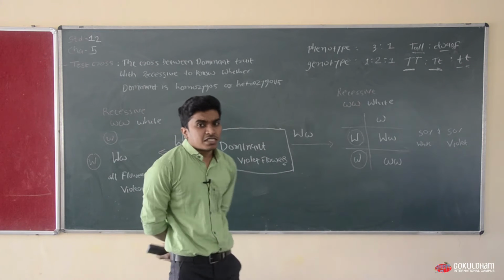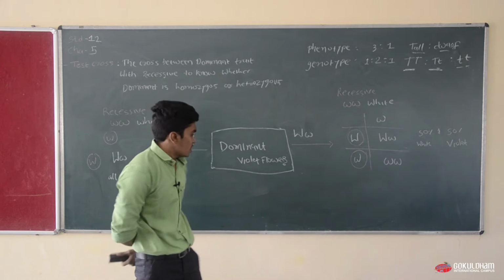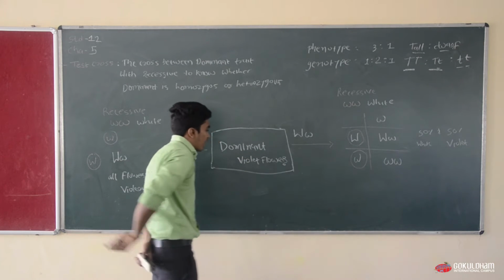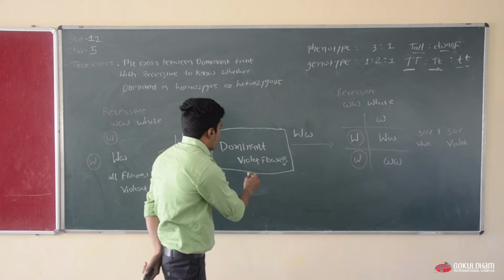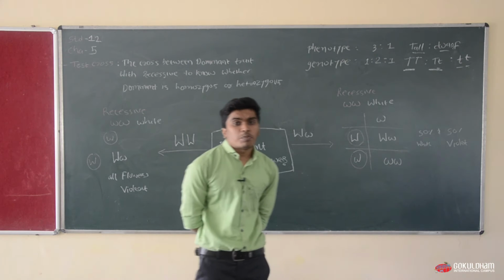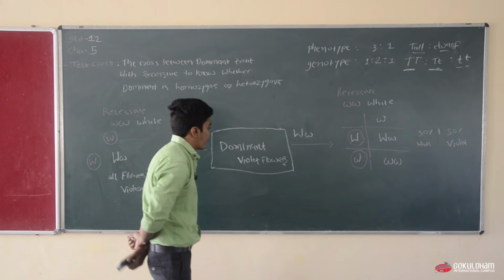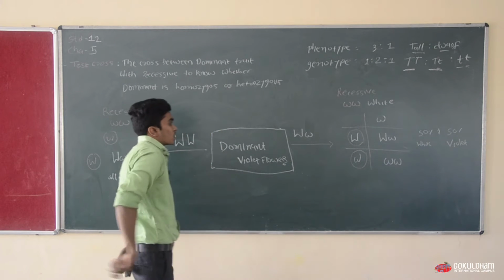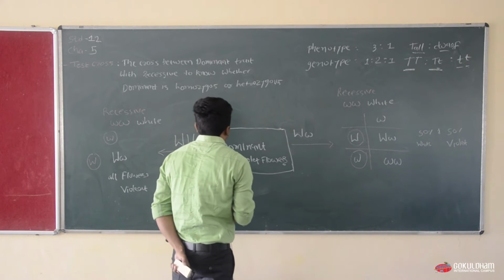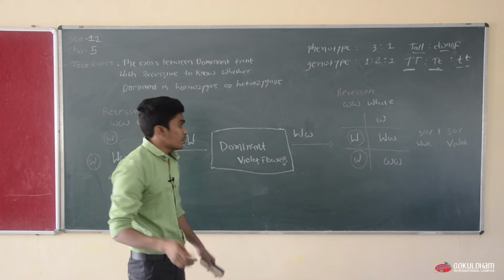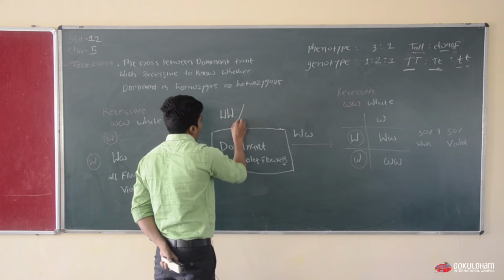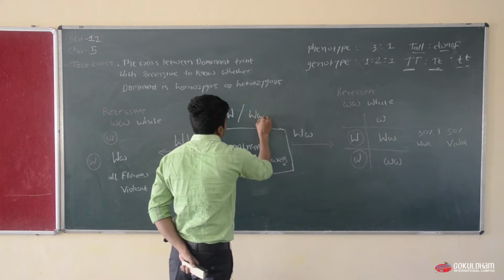Let's take one example. We have one plant with the dominant character violet color. In this plant, all the flowers are violet in color, which is dominant over white color flowers, but we don't know the genotype of this particular individual. There can be two genotypes: one is homozygous and the other is heterozygous.